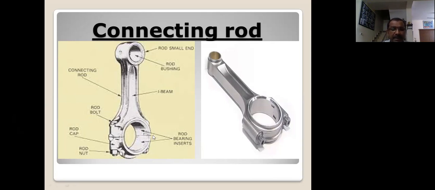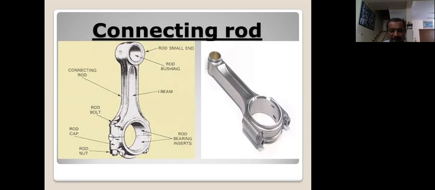Then the lower end is actually a two-piece assembly. A half portion we can take out. We will put the upper portion at the crankshaft web portion. That portion of the crankshaft is called the web, which protrudes from its main body.